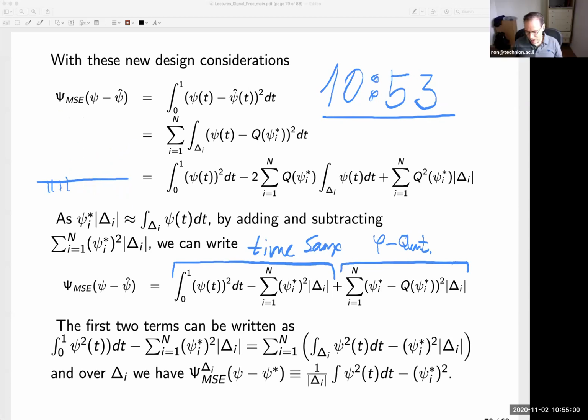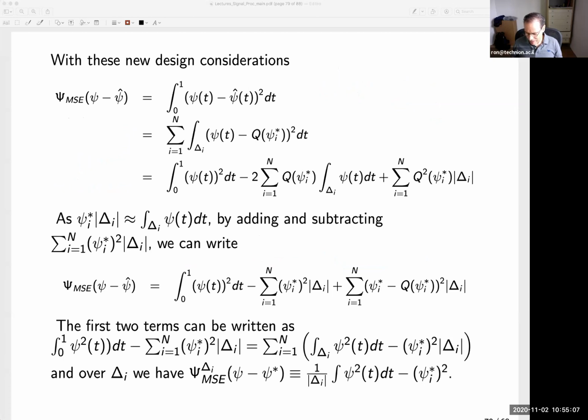What we are ready to do now is look at the MSE that we have seen before. Remember that the MSE had two errors. One of them was the sampling in time, and the other was the quantization of psi.